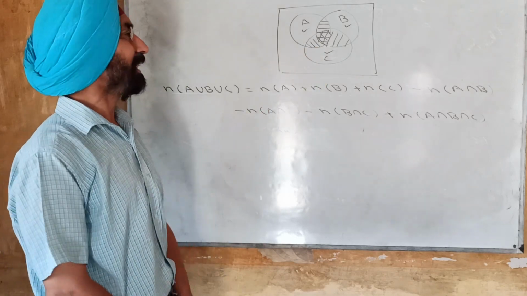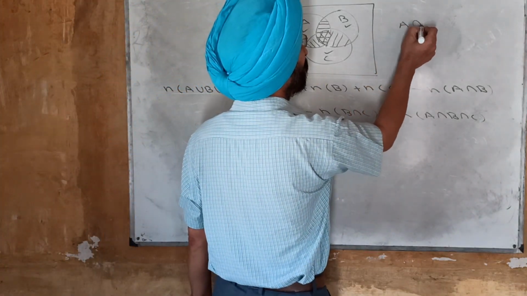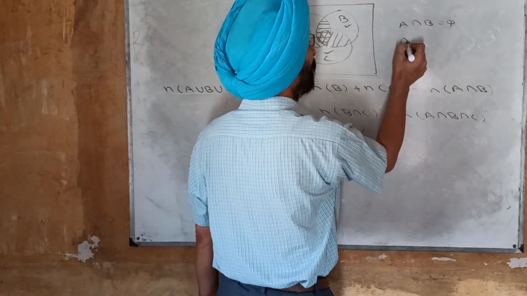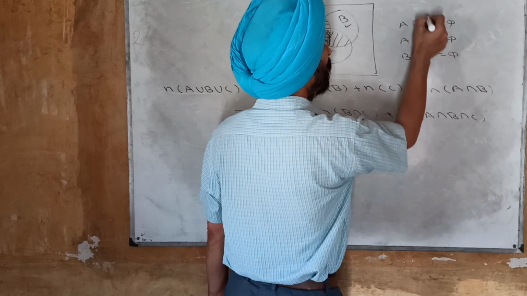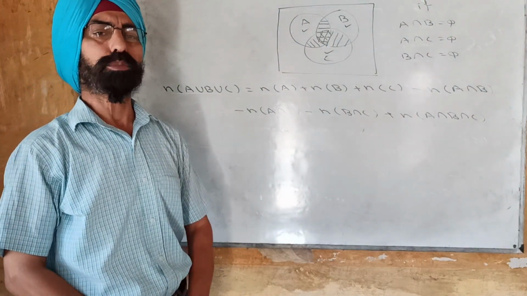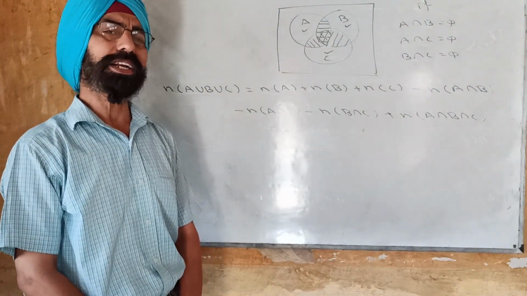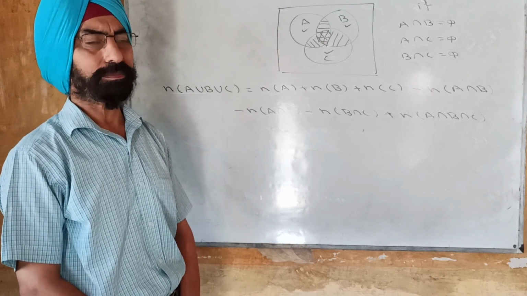Yeah, if these three sets are disjoint, that means if A intersection B is empty, A intersection C is empty, B intersection C is empty. If this happens, that means A, B and C are mutually disjoint. Every two sets are disjoint to each other.